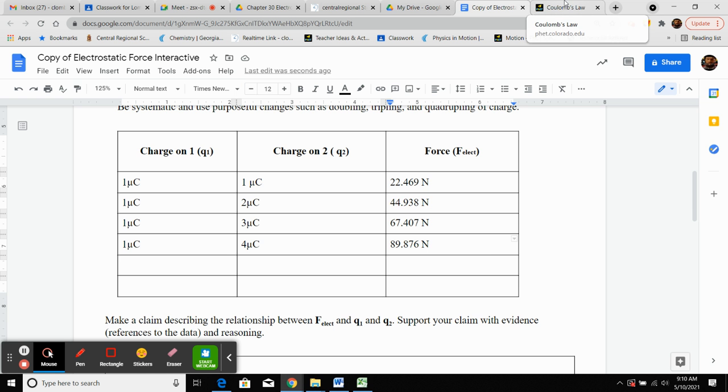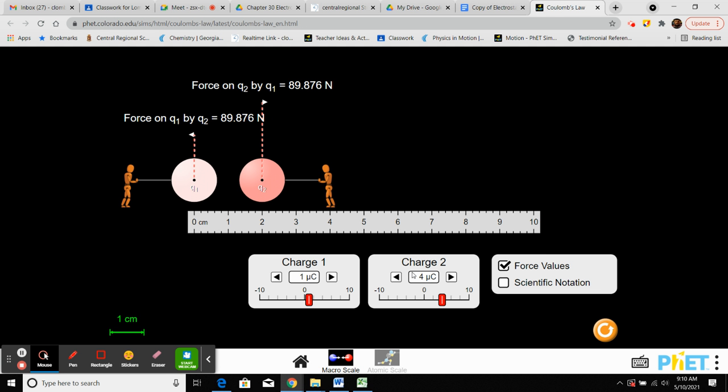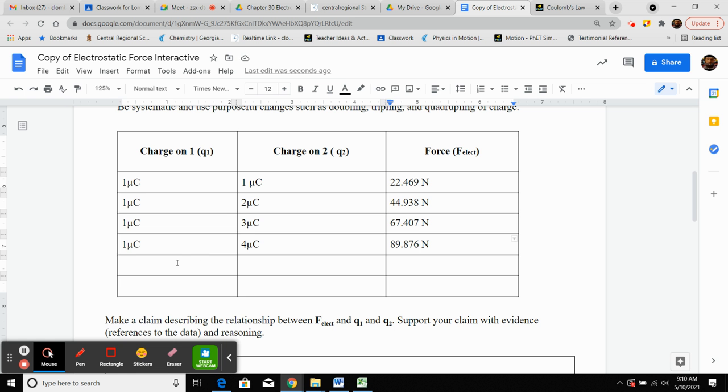So that's interesting. We have this idea. What happens, guys, if I decided to double both charges? It's now going to be 89.876. Let me see.